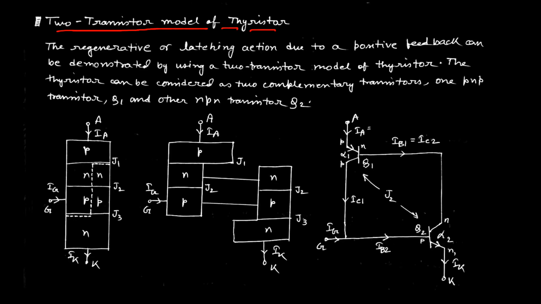model of Thyristor. The Thyristor can be considered as two complementary transistors, one PNP transistor Q1 and another NPN transistor Q2. Here we assume this is the basic structure of the SCR model, where the four layers PNPN, the three junctions J1, J2, J3 and three terminals A anode, K cathode and G gate have been represented.